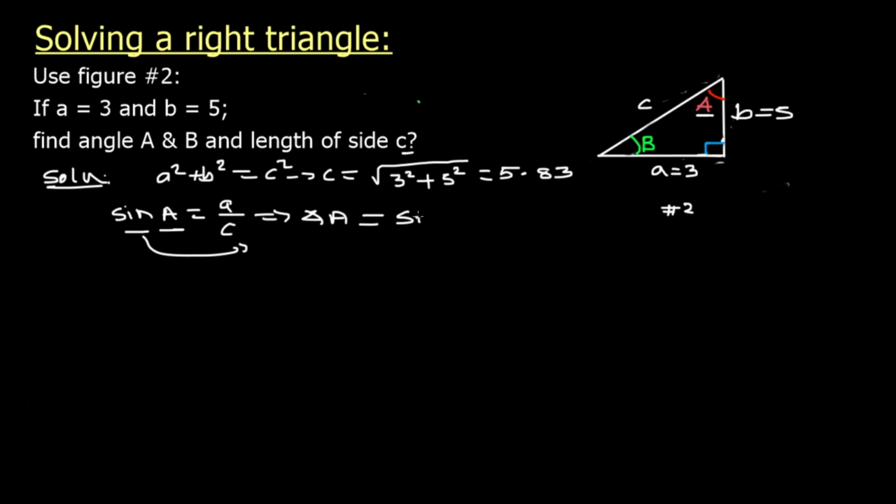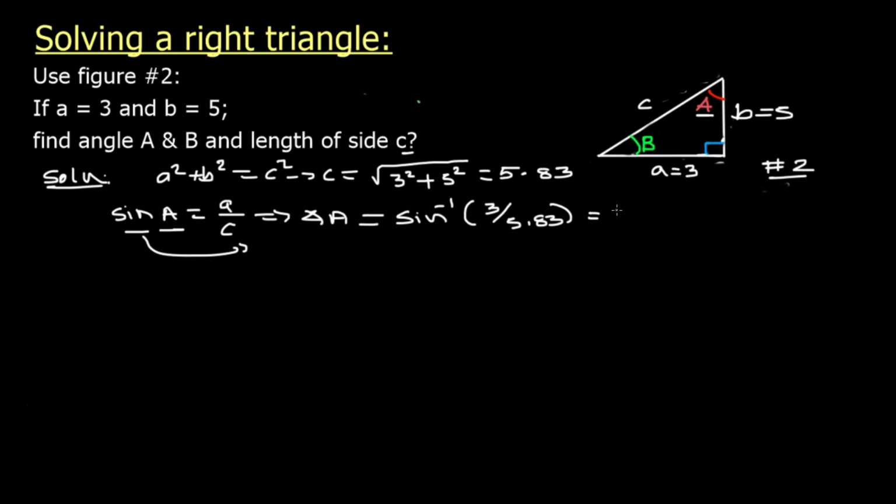So sine inverse of our fraction, A over C. A is 3, and C is what we just calculated, 5.83. So angle A now is equal to, this is in my way, so let me just take it and put it here. Let's say this is figure 2.